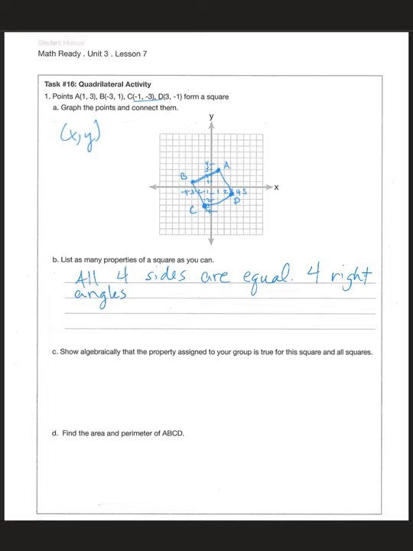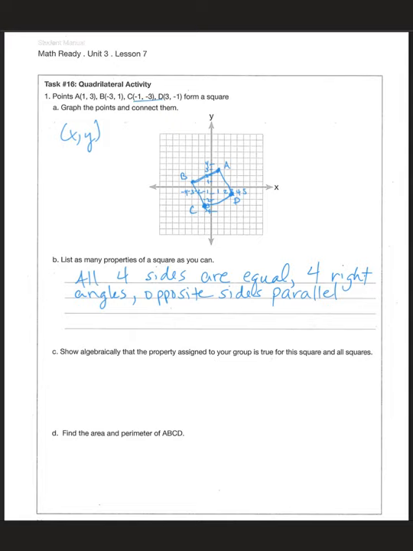Let's see. Opposite sides are parallel. Okay, that's good enough. If you think of more, please feel free to write that down.